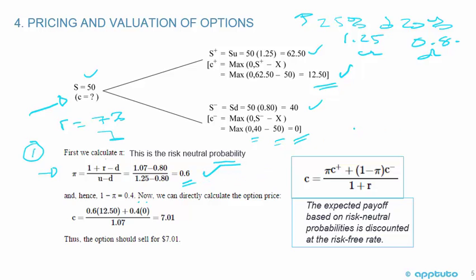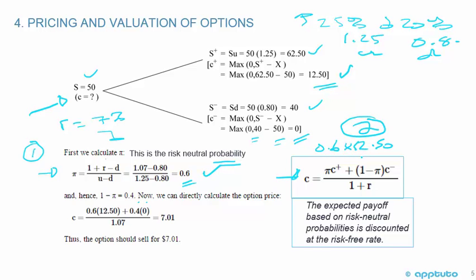Okay, that's step 1. Step 2 now, here's where we have the formula to calculate the price of the call here at time 0. In the numerator, we've got this risk-neutral probability times the call price if the stock goes up, C plus, which we know is 12.50. So this would be 0.6 times 12.50, okay?